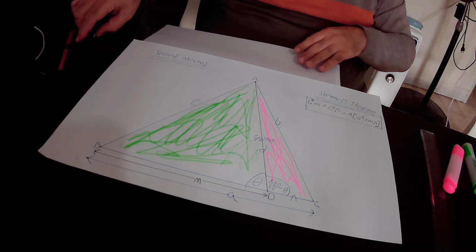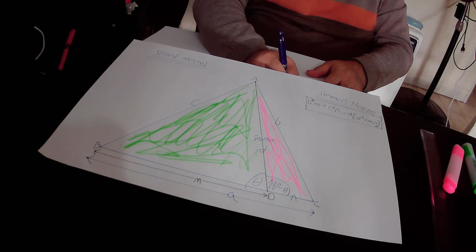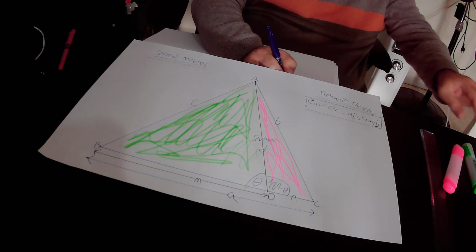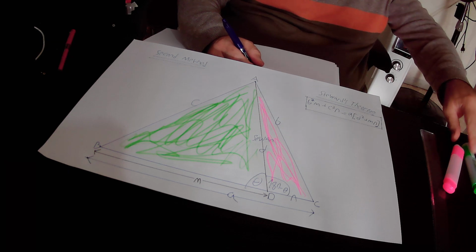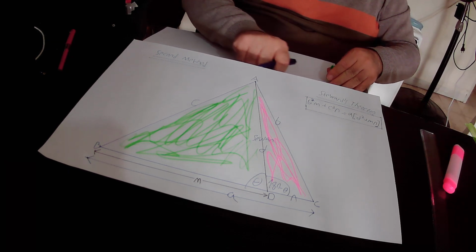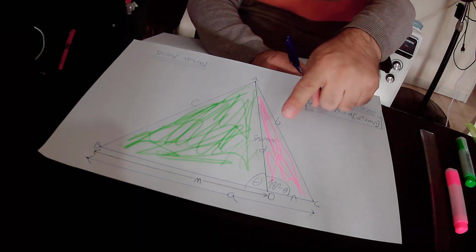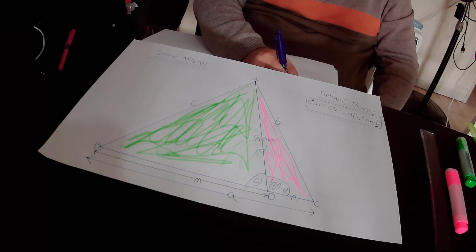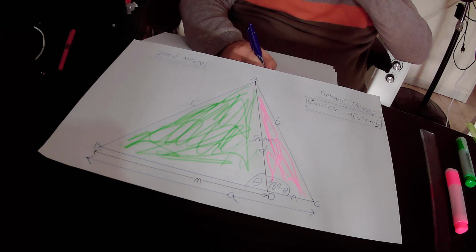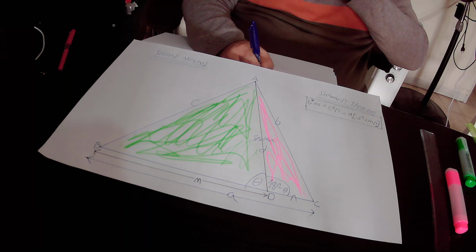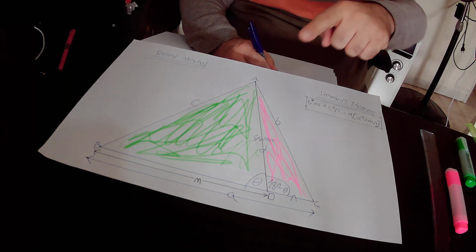So in the gray triangle ABD, according to the law of cosines, we get that cosine theta equals m squared plus d squared minus c squared over 2 times m times d.